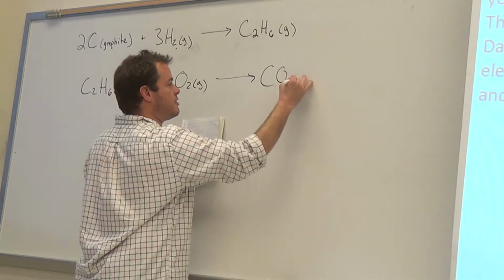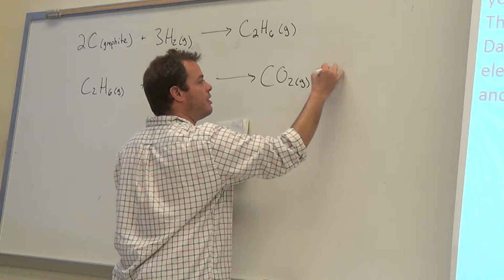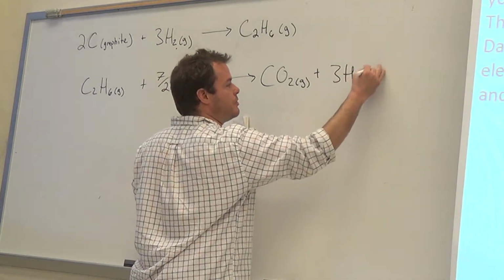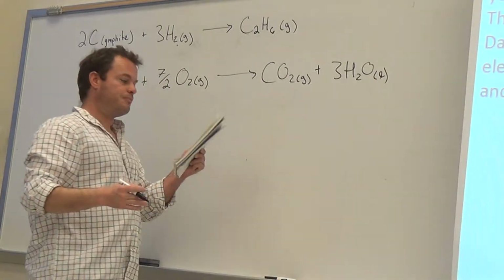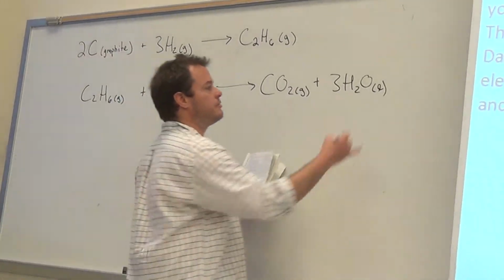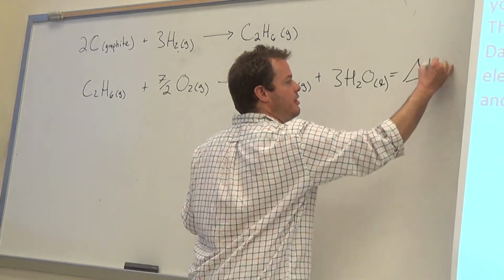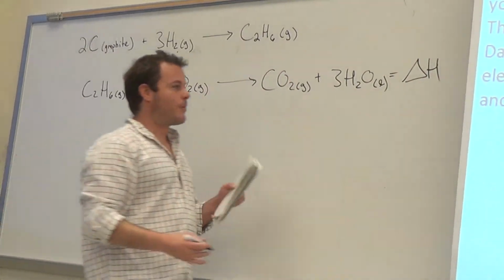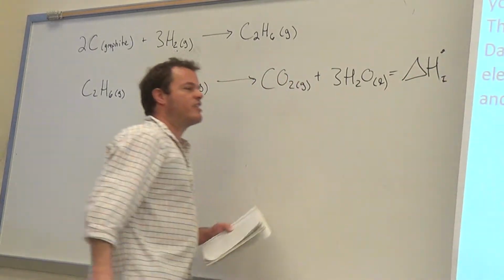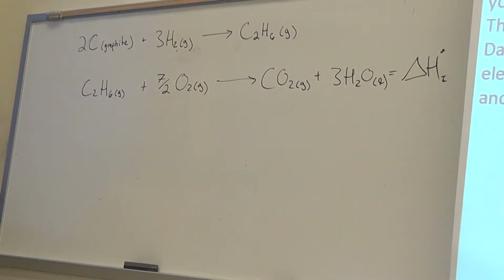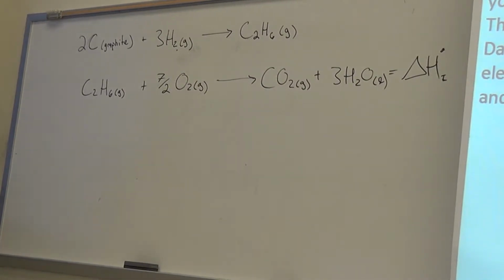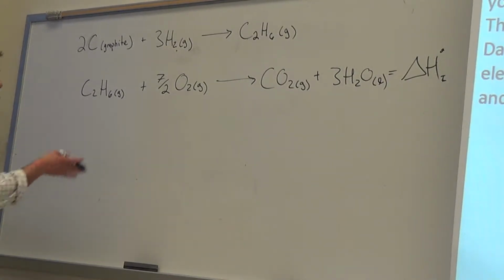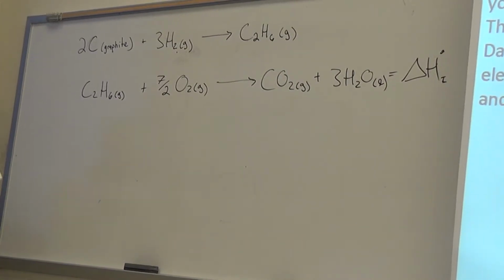Products are going to be 2 CO2 in the gas phase, 3 H2Os in the liquid phase, and we'll witness some delta H. I didn't write down what that was, so I stole this example from the text. The text didn't write it down, so I didn't bother to look it up. But you throw some ethane and some oxygen together, run the reaction, they're going to combine. It's going to go almost entirely to completion, forming carbon dioxide and water, and you'll witness some heat transfer, some enthalpy change for that reaction.